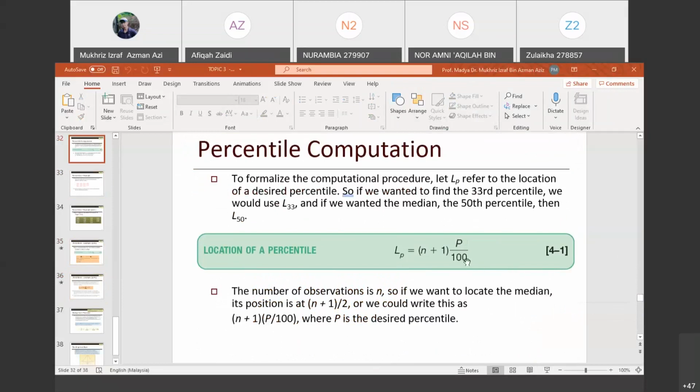I will expect to call a few students in one class, because chapter 3 onwards is no longer like chapter 1 or chapter 2 where you can just listen to me talking alone. Chapter 3 onwards requires a lot of calculations because this subject is statistics. It's not Pengantar Sains Sosial or Kenegaraan Malaysia where it's just listening to your lecturer talking. So you need to do the calculation actively during class.